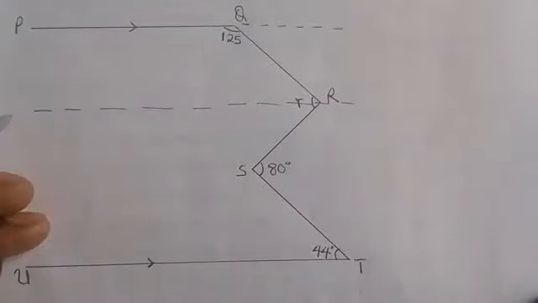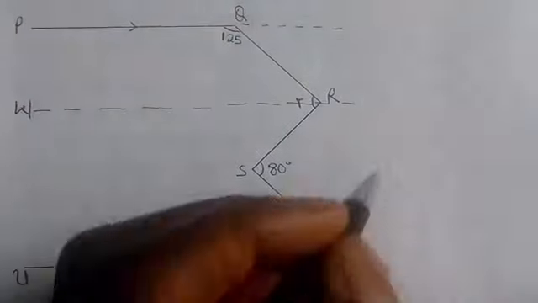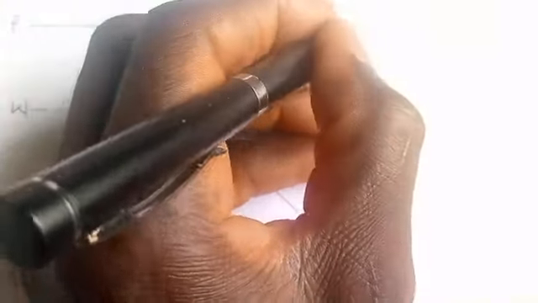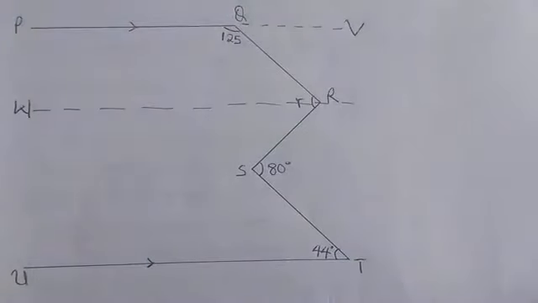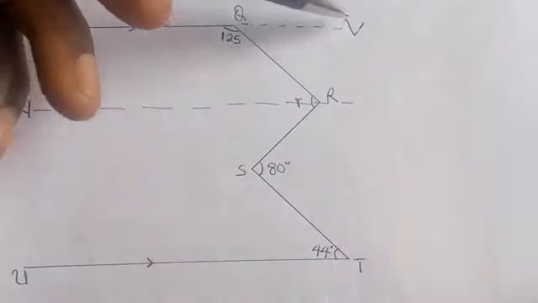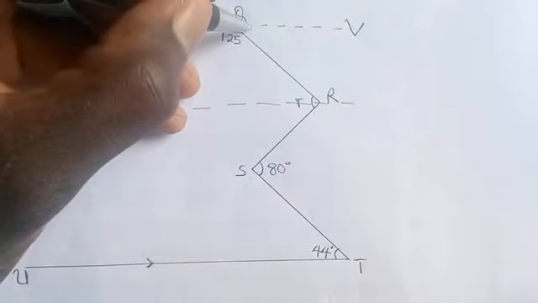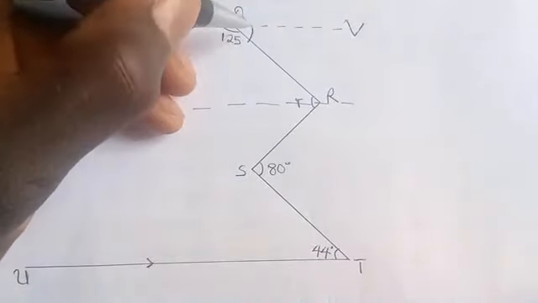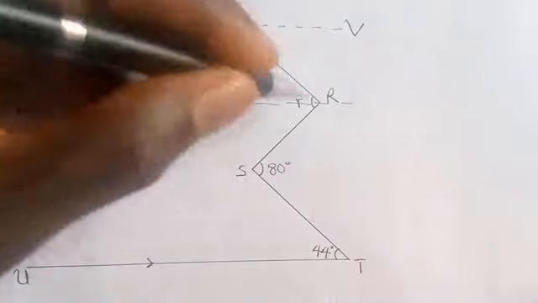Let's label this one W. With what we now have here, let's label this place V. We need to find the value of this angle here, VQR.